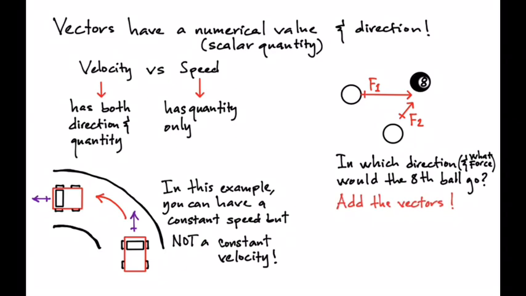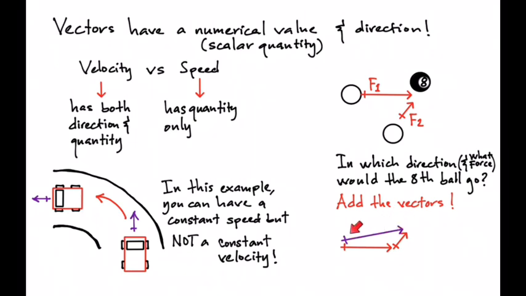So in order to add the two vectors together, we can use this method known as head-to-tail addition. So we're going to draw the first vector, F1, and then connect the head of F1 to the tail of F2, as shown here. And then we're going to connect the tail of F1 to the head of F2, and this is basically the resultant vector.